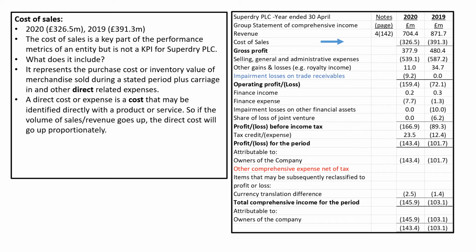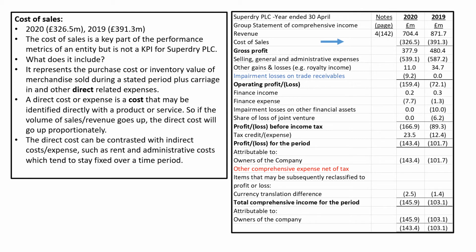So if the volume or revenue goes up, the direct cost will go up proportionately. The direct cost can be contrasted with indirect cost or expense, such as rent and admin costs, which tend to stay fixed over a time period.